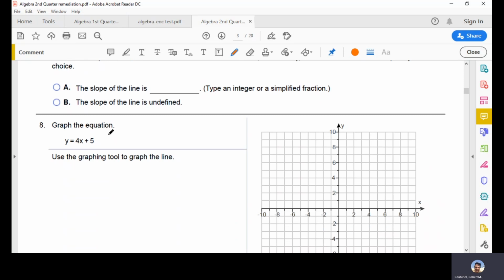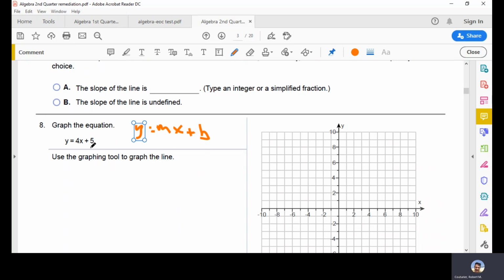Here we go. This is exactly what we did on quarter 1. It comes back again. Can we graph an equation in the form y equals mx plus b? Remember, b is your y-intercept, m is your slope.